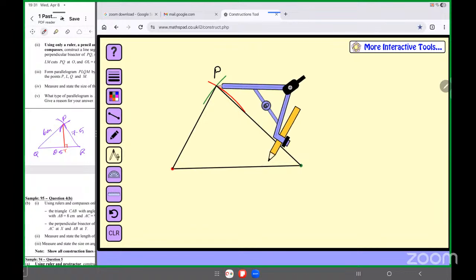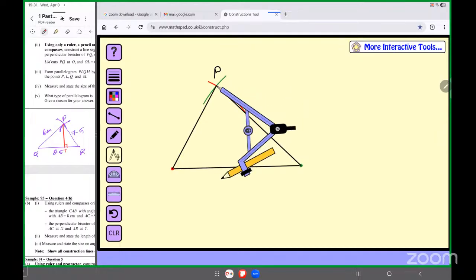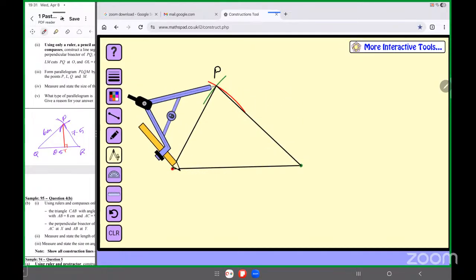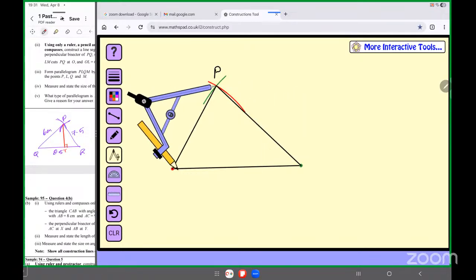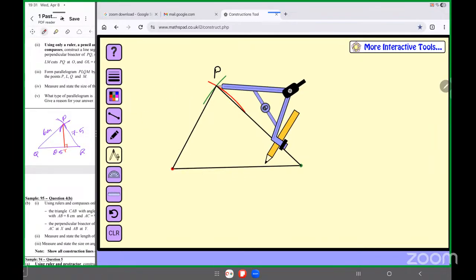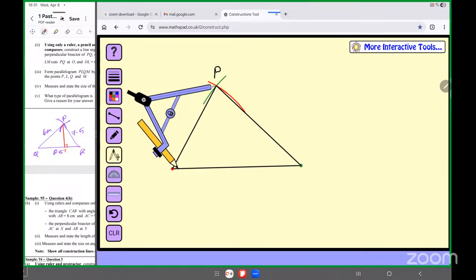Just above. Let's make it a little bit closer and test it again. Right now, if I make an arc, it will cross it at 2 points. You can still make it a little bit closer. Let's close it up a little bit more and test it. All right, good.